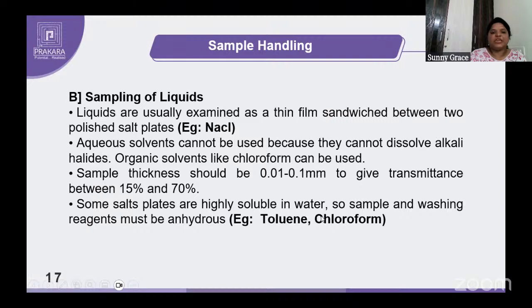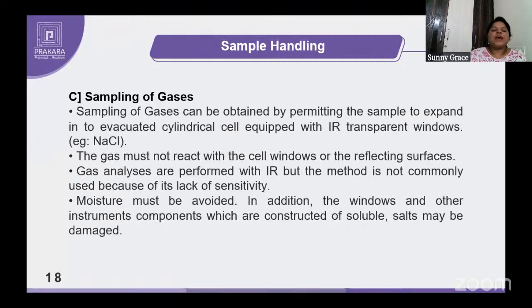You will take toluene or chloroform for washing the sample cells, because they will not dissolve the salts, unlike aqueous solution. So generally, when handling IR samples, you use organic solvents like chloroform, carbon tetrachloride, etc. And the next one is sampling of gases.